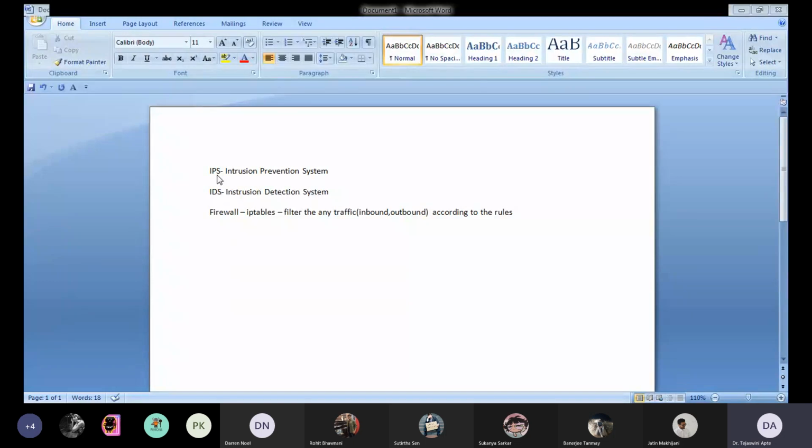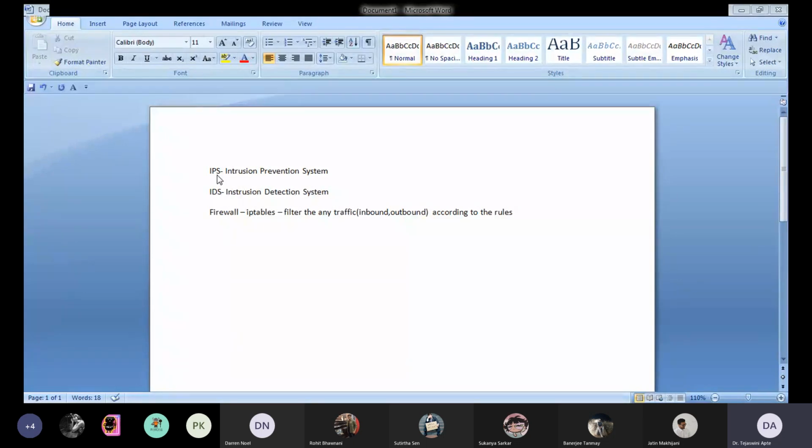As a system administrator or as a vulnerability administrator, you need to talk to the person who is responsible for it: I'm going to add this particular rule into the firewall. And as soon as the rule is added, immediately that traffic is going to be filtered out. We will talk about the attack and what the difference is between the attack and the vulnerability. But this you need to understand.